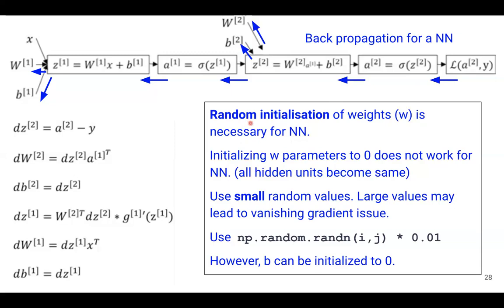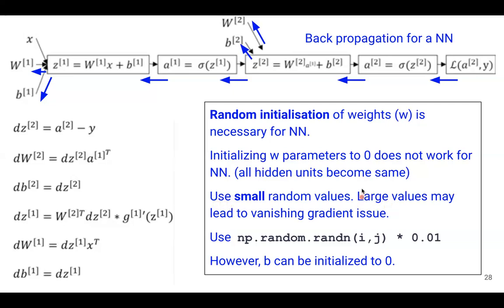Because 0 doesn't work, because then you don't have only one W, you have multiple Ws here. It's a matrix, and if all of them are 0, then all the hidden units basically become the same. They learn the same thing. They're not able to learn different things. So what we generally do is we use small but random values.